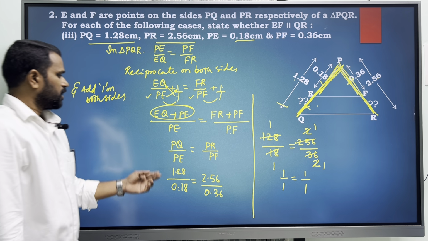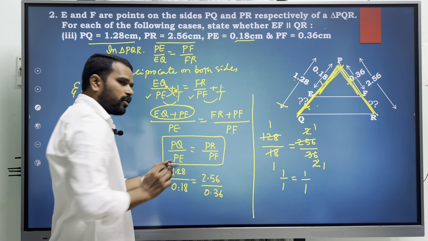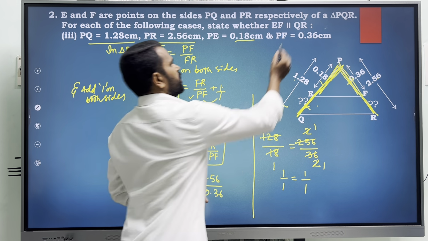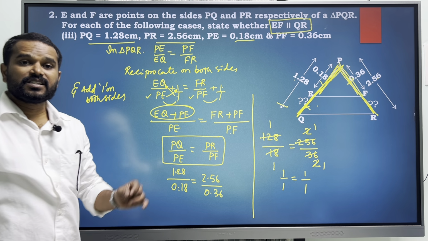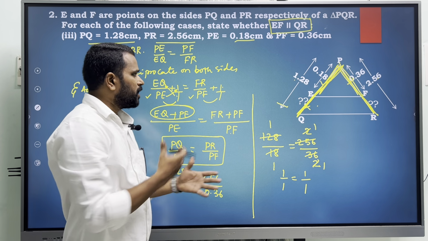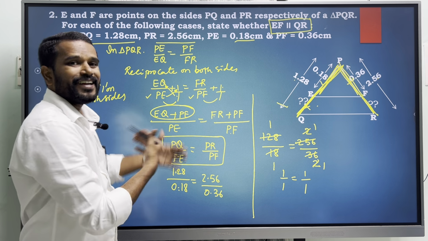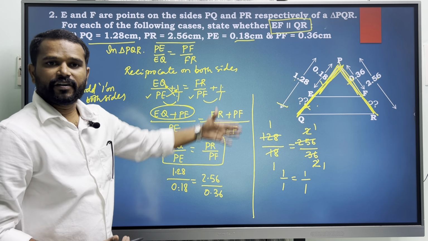See, if this ratio is also equal, then also EF will be parallel to QR. This is the corollary of the basic proportionality theorem. It means you can extend this theorem to other sides, combinations of different sides.